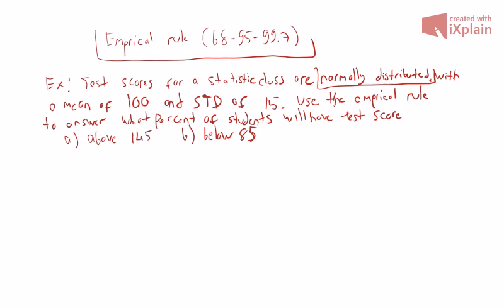So whenever we describe the normal distribution, we mentioned that normal distribution is classified by two parameters. The first one was the mean, which is mu, and the second one was the standard deviation, which is represented with the letter sigma. So we need those two things to build a normal distribution.